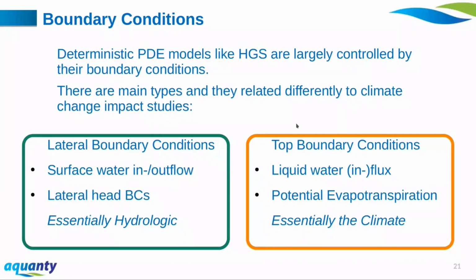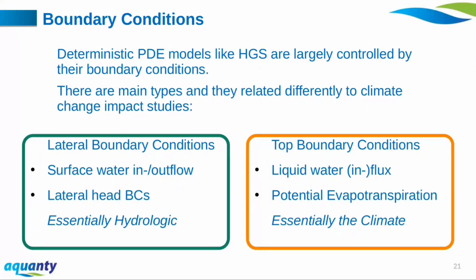Boundary conditions. HydroGeoSphere is essentially a deterministic PDE model. It solves the Richards equation. That means it is primarily determined by boundary conditions, and also initial conditions to an extent if you're running a time-dependent simulation. But boundary conditions are really important for HydroGeoSphere. There are essentially two types of boundary conditions.